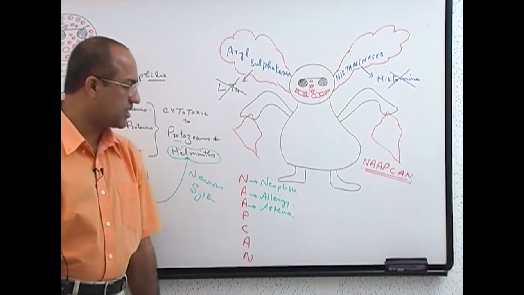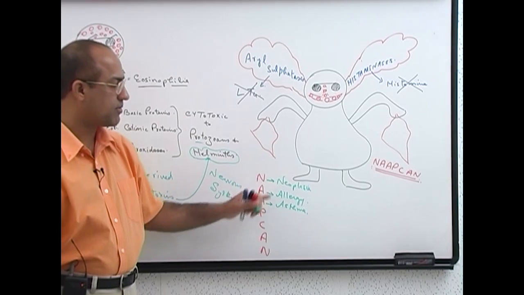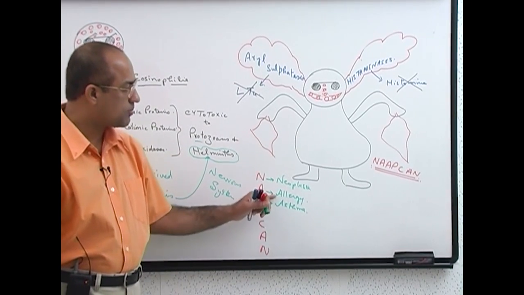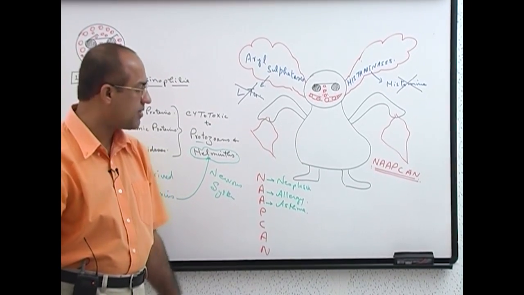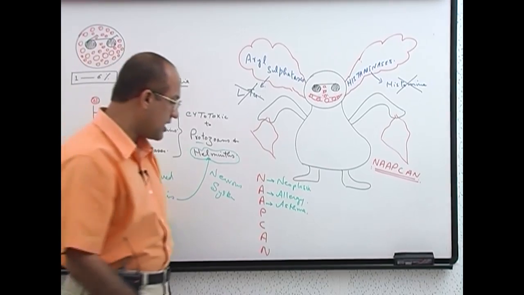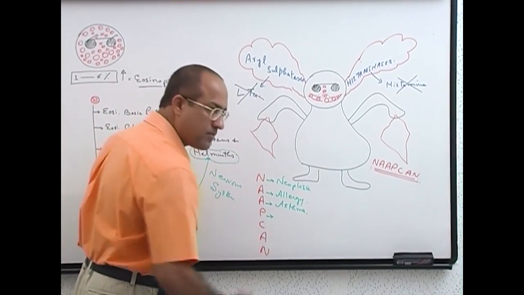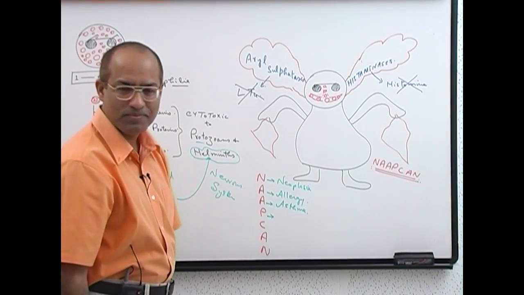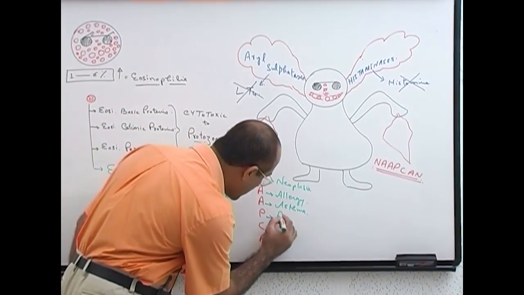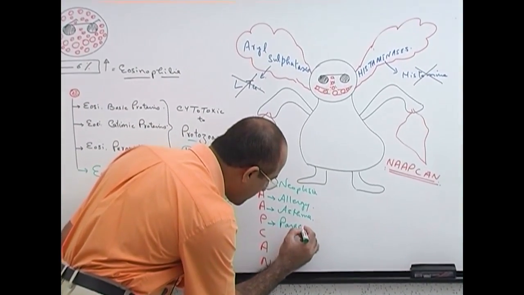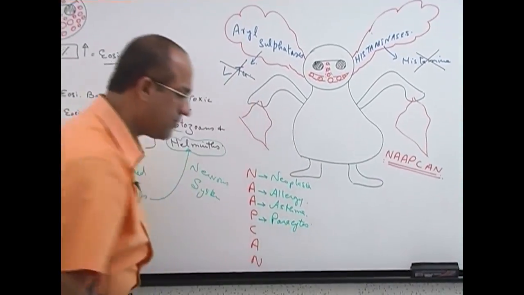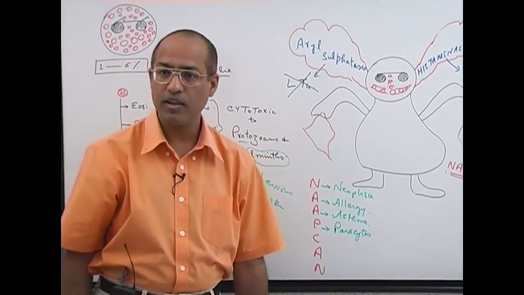So some patients with a special type of neoplasia have eosinophilia. Some people with allergic reactions have eosinophilia. Some people with asthma have eosinophilia. And P should remind you of parasites. Parasitic infestation also produces eosinophilia.